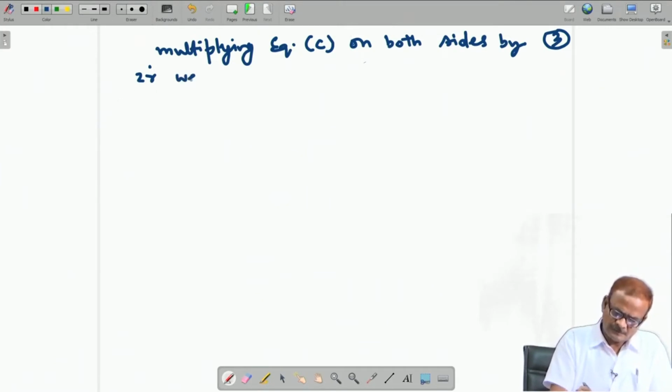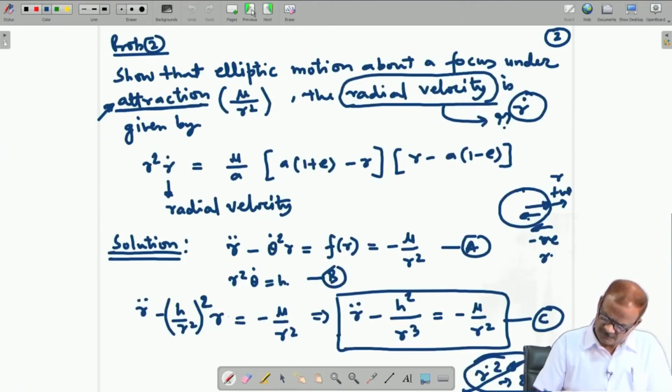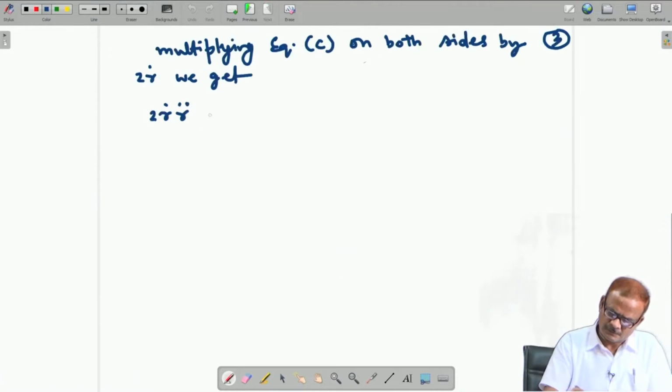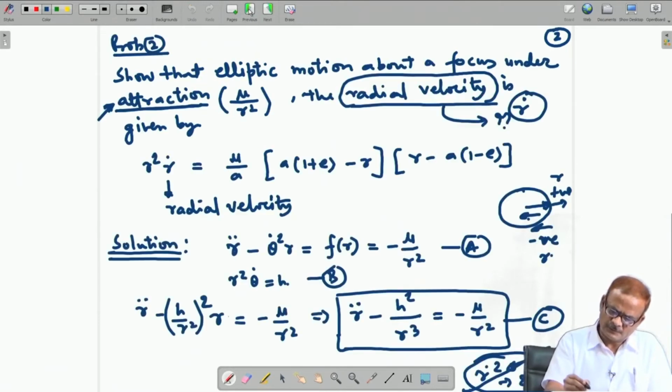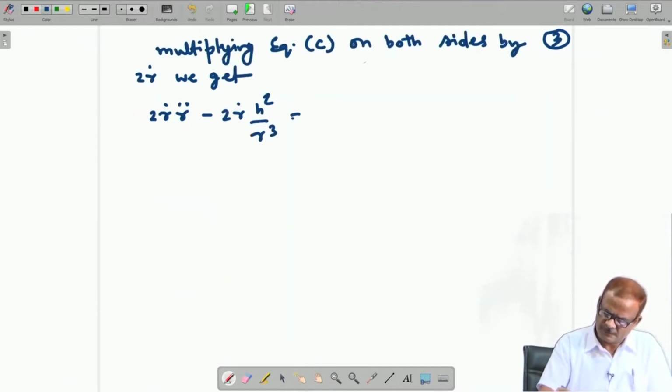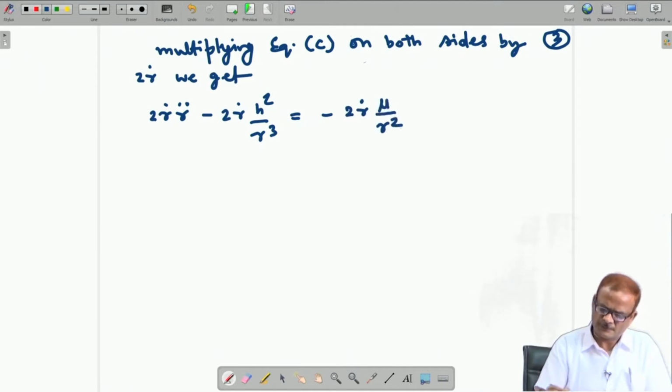So, we get 2 r dot times r double dot, minus 2 r dot h square by r cube, equals minus 2 r dot mu by r square.